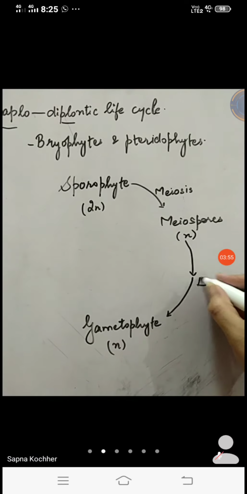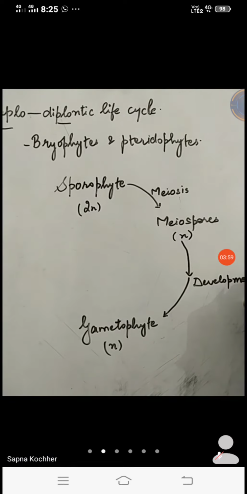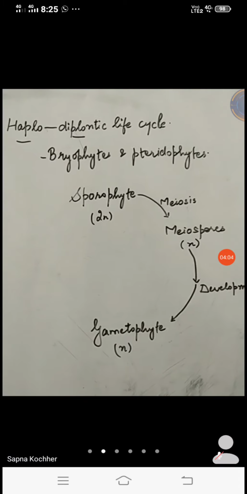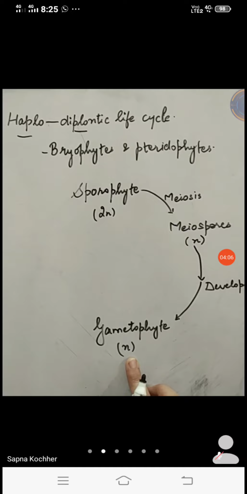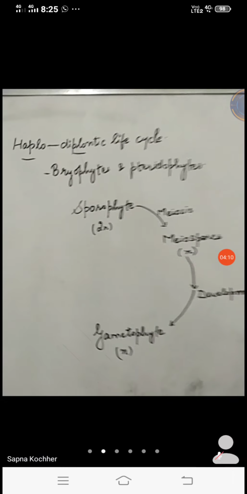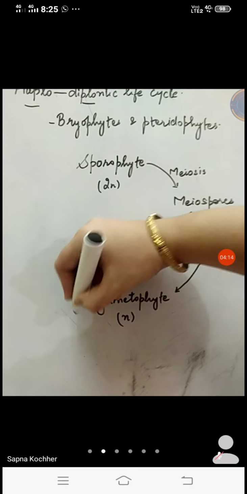So after undergoing the developmental changes or stages, they will produce a new plant body, and that is a gametophyte. Now the gametophyte is haploid, but in turn it has to produce a diploid structure. What it is going to do is produce the gametes.